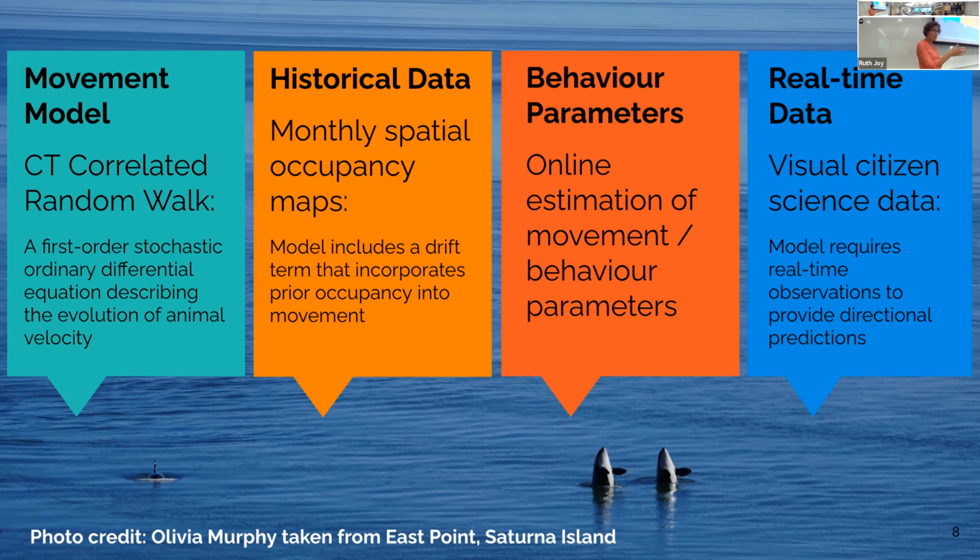So is it moving in a directed manner, or does the pod seem to be foraging or moving in twisted pathways? And the estimation of those parameters is done online, in the sense that it's done when you estimate the state, and in this case the state is where the animals are. So that locational estimate of where pods are is the state in this state space model.